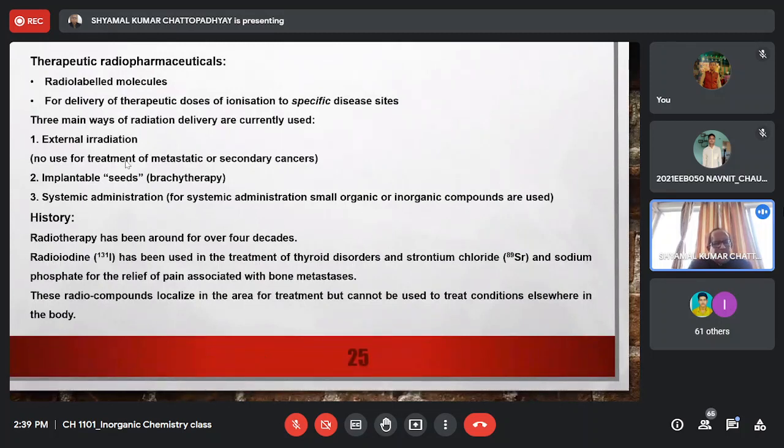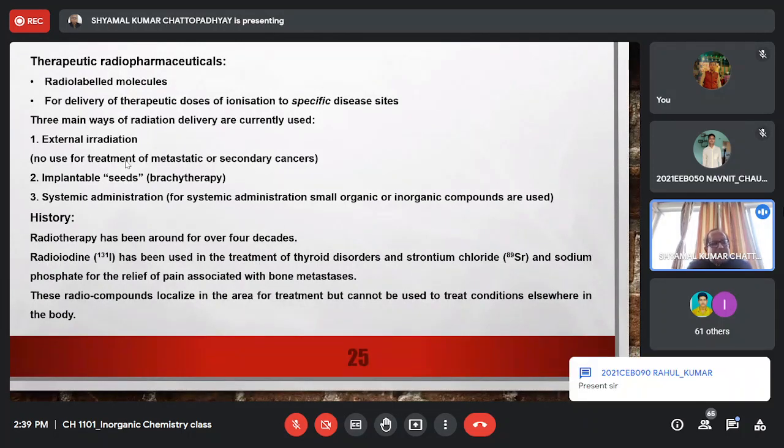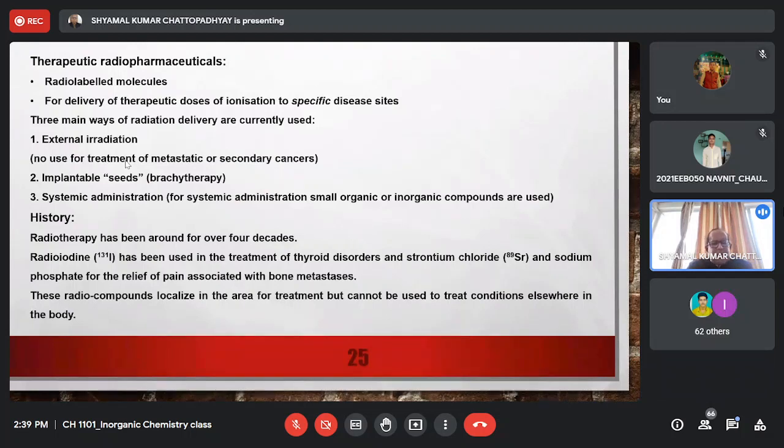The first condition is obviously that the radiopharmaceutical should not be very toxic towards the body, right? Because if anything is very toxic, then instead of doing good, it will do more harm, right? So the radiopharmaceutical being used should not be highly toxic, should be tolerable to the body. Obviously, it will have some toxicity, but the toxicity should be tolerable.